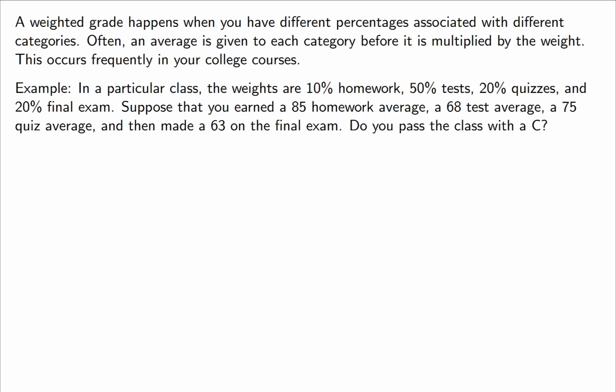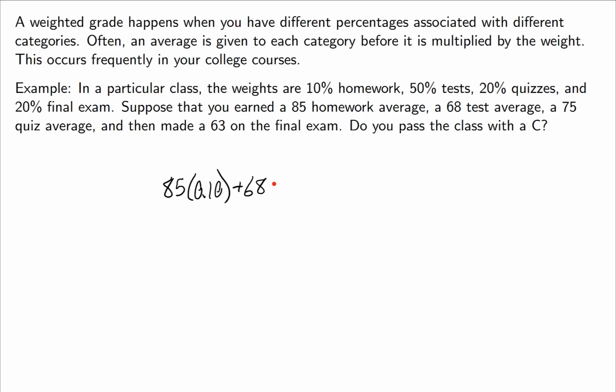Now we don't have any formula for this, so I'm going to show you a new formula, and then we'll write it down formally later. What you do is you take the grade for that category. You might need to average to get this grade first. It has to be one grade for the whole category, and multiply that by the weight for that homework. Then you've got 68.